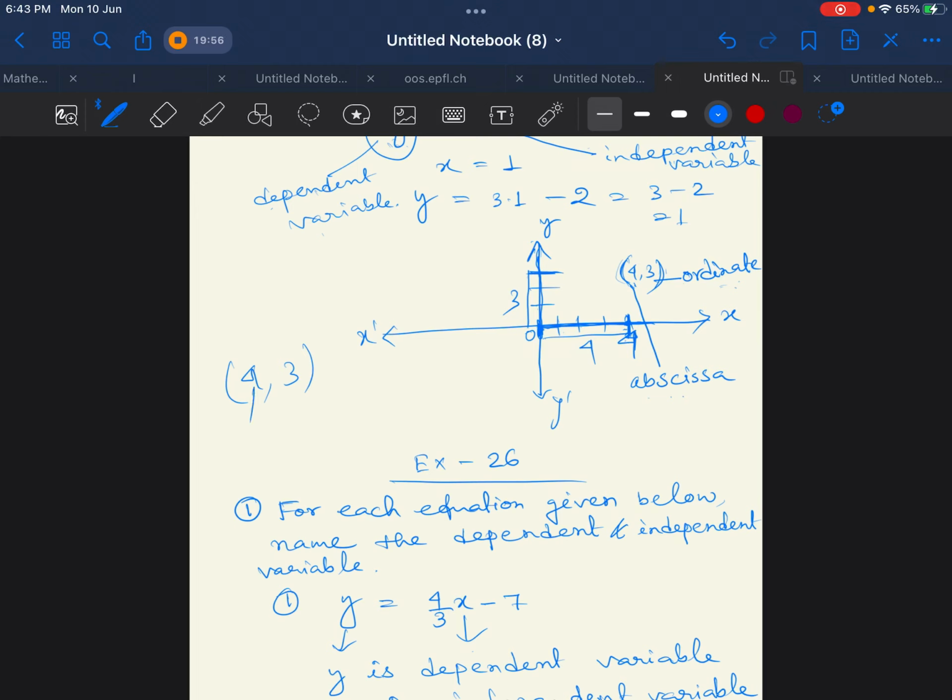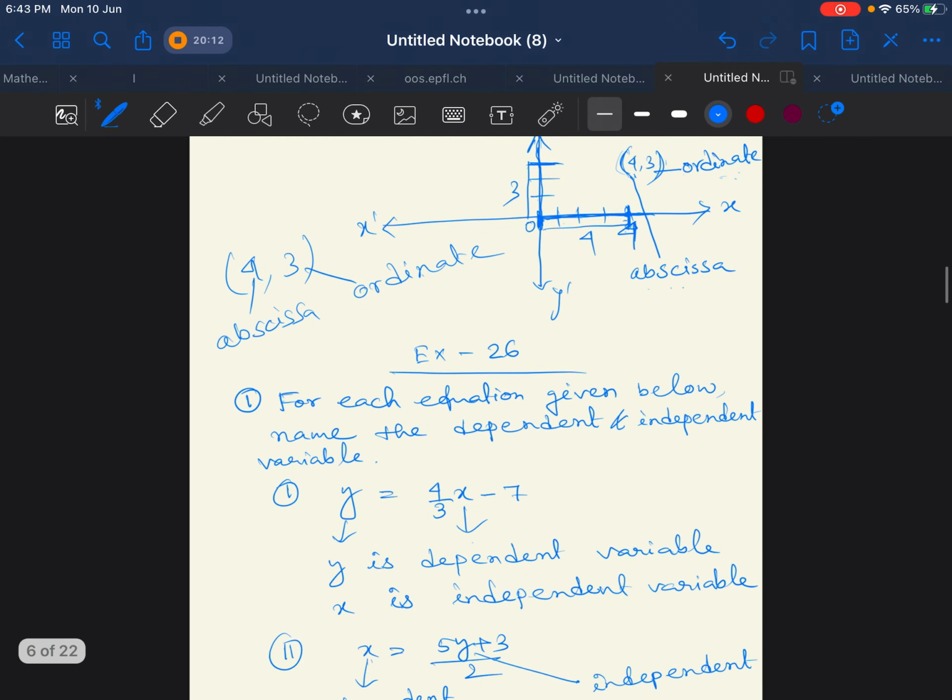So if we take the point 4, 3, here the value of x is the abscissa and the value of y is the ordinate.